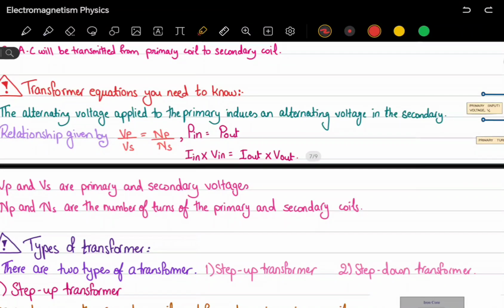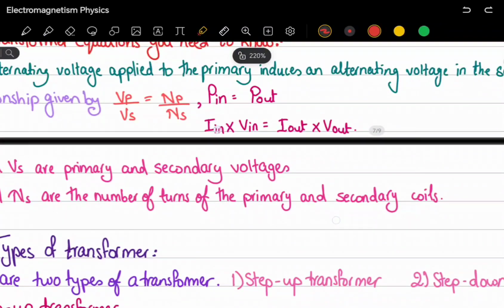Also, Pin equals Pout, which means that the power into the coil equals the power out of the secondary coil, which means we know that P equals VI, so Vin times Iin equals Vout times Iout.